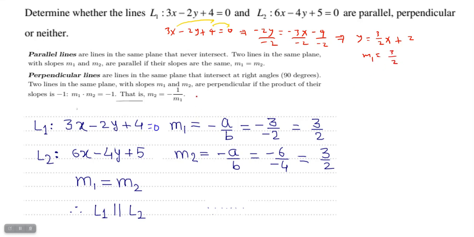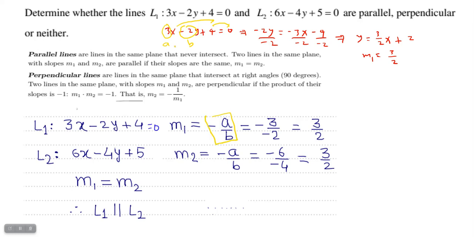But another way of getting this in a short way is from the equation we can also get a equals 3 and b equals negative 2. Then use this formula, negative a over b, to get the slope of L1.